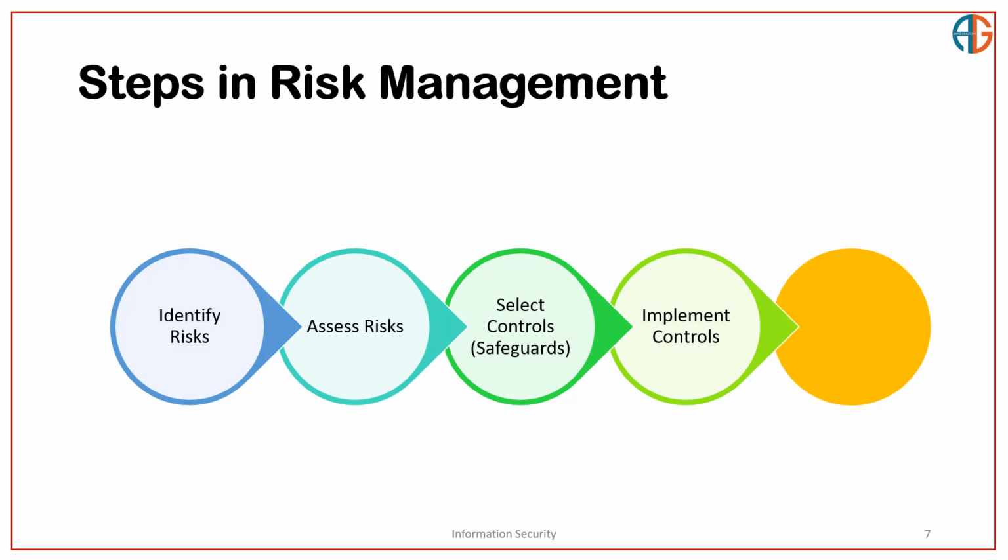After implementation, frequent monitoring as well as frequent reviews have to be done in the organization. These are the steps which have to be taken for managing the risk. Now we shall see the steps one by one in detail.